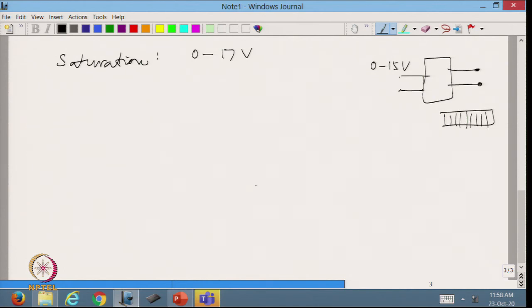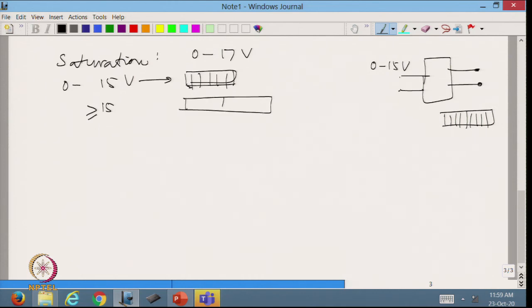And what the A to D converter does, it just keeps functioning nicely. For the 0 to 15 volt range, it will give you the corresponding number in digital form, which will be correct, but for 15 or anything greater than or equal to 15, it will always end up putting all ones.